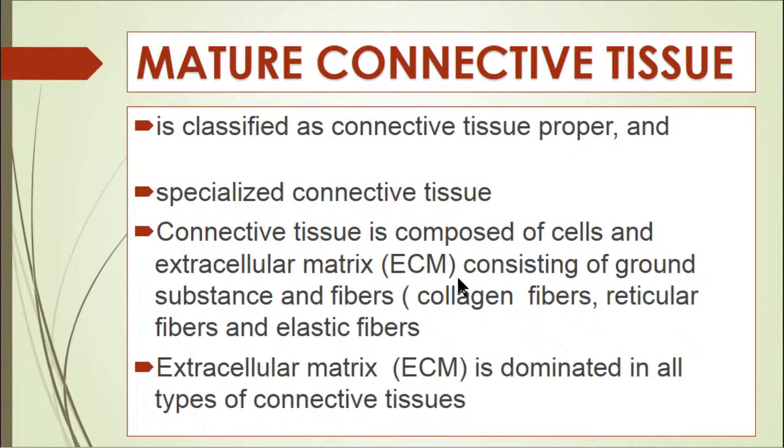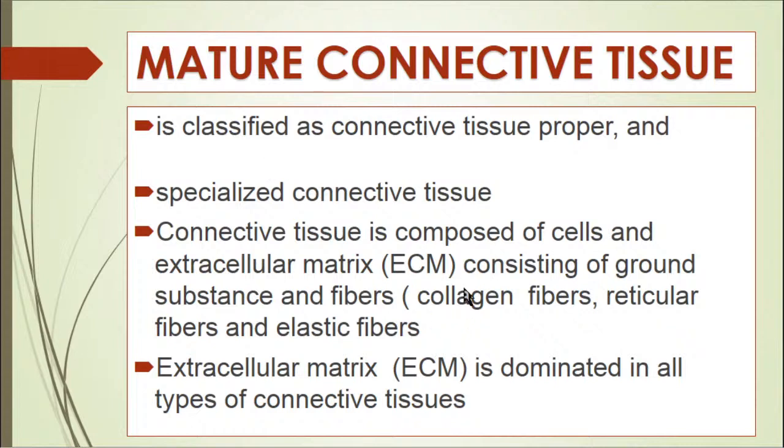A minute ago I told you about mesenchyme, and we discussed that eosin is not a good stain for mesenchymal areas, because in mesenchyme the fibrous component is absent, because mesenchyme is not mature connective tissue.